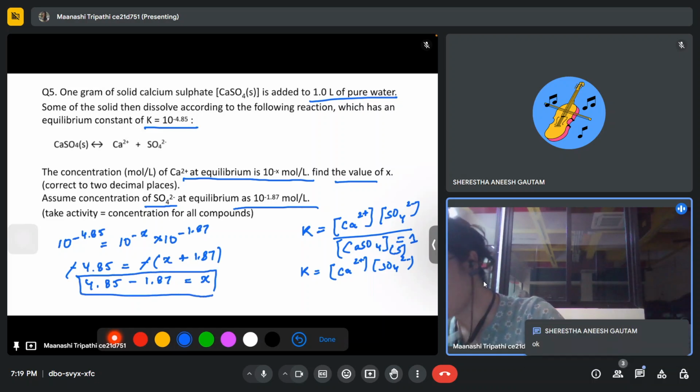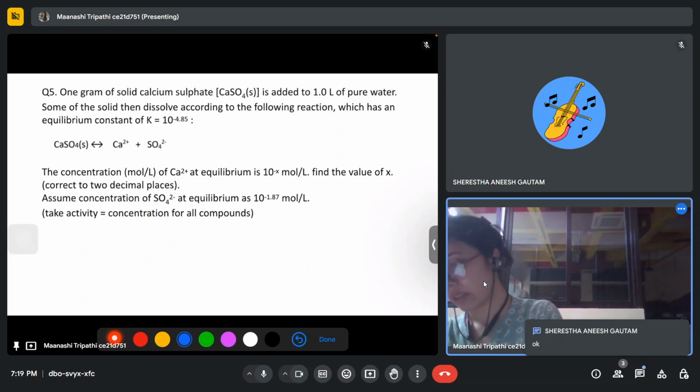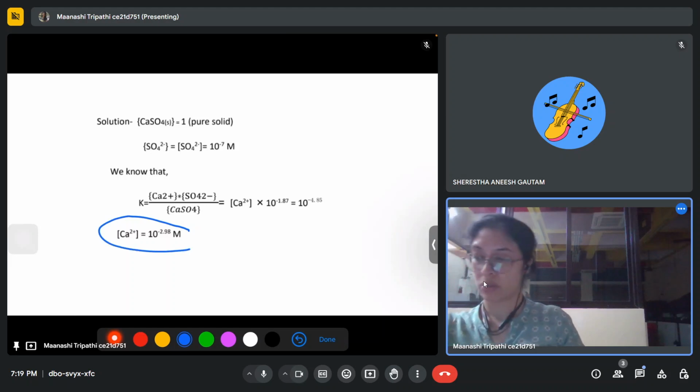This is the power rule. That's why this subtraction will work. So this is the solution: 2.98.